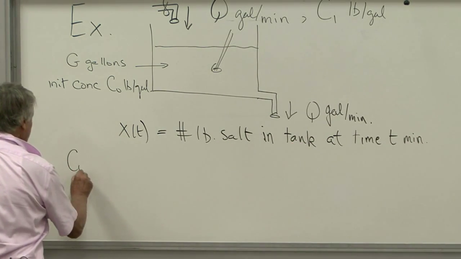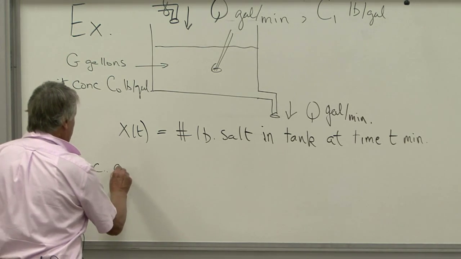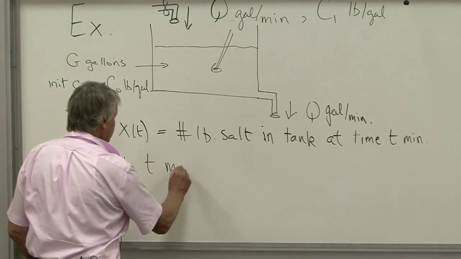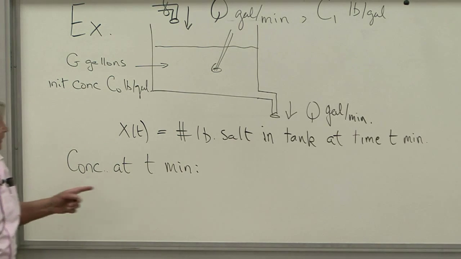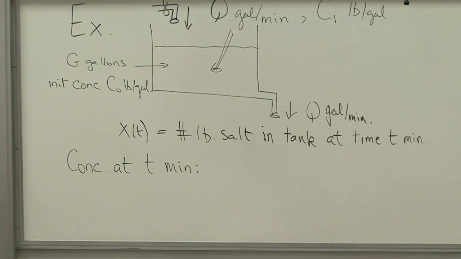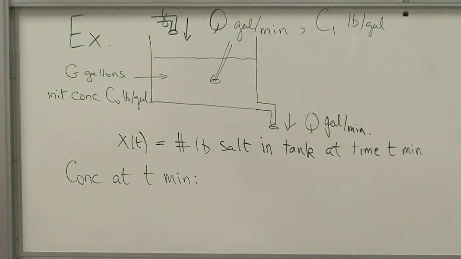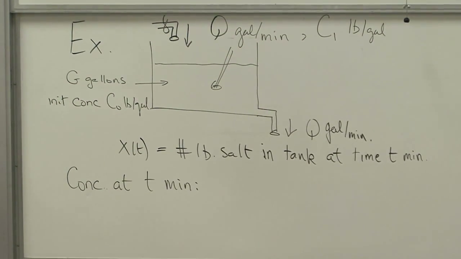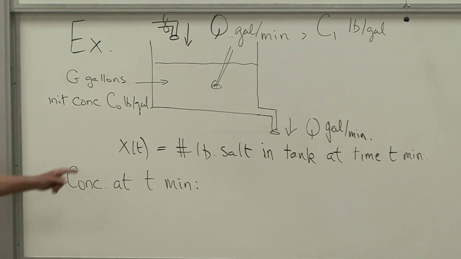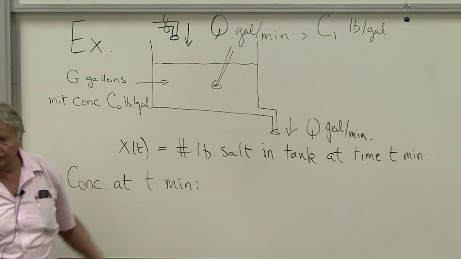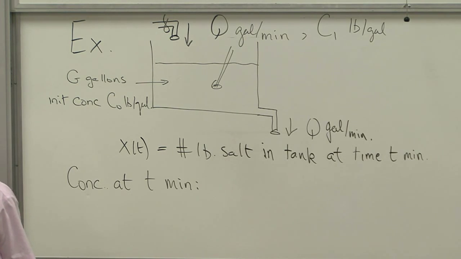The concentration at time t is what? Well, so first of all, we know at time t we set x of t to be the number of pounds of salt in the tank at time t. So we have to compute what's the volume of fluid at time t. And that will tell us then how to get the concentration, because we would divide the number of pounds by the number of gallons, and then we'd get the concentration.